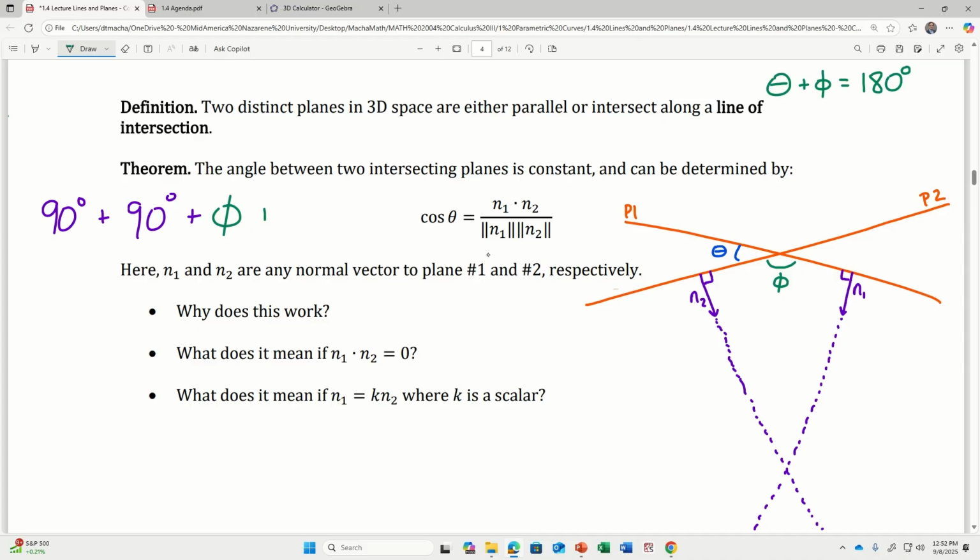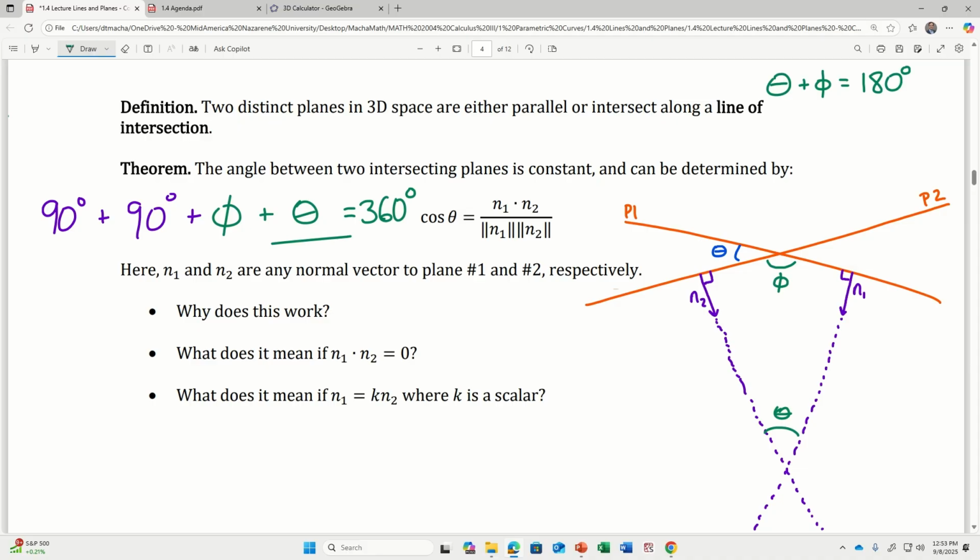And then I have to add one more thing to reach an interior angle sum of 360 degrees. That blank has to be theta, because phi plus blank equals 180, so it has to be theta. And so the angle between the normal vectors is the same as the angle between the planes.